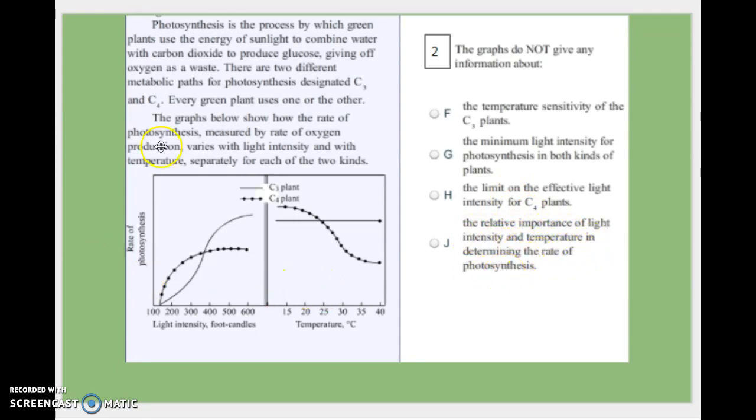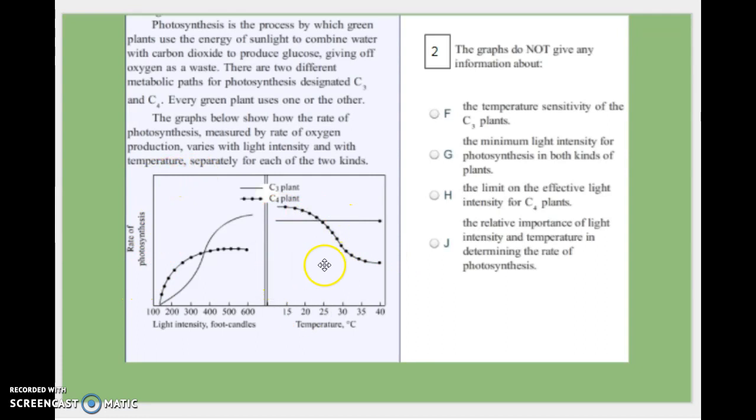Well, we're told about the rate of photosynthesis, and we're told about it with light sensitivity and temperature. The key word here is relative importance. Relative to each other, we have no idea, because the rate isn't marked in a certain scale. What if our scale for light intensity was in 10s, 20s, 30s, 40s, all the way up to 100?